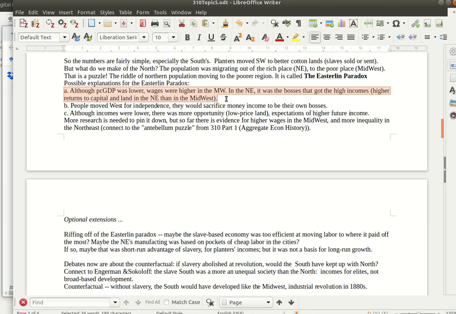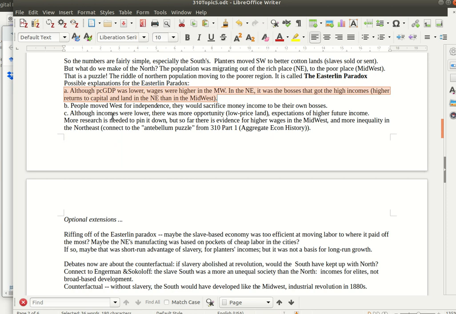By moving to the Midwest, they went to a place where factory incomes were low and landlords didn't make much money, but there were higher wages in the Midwest. And there is some evidence to suggest that was the case.